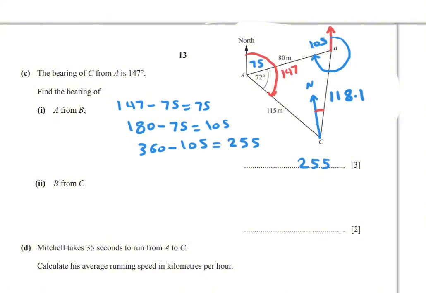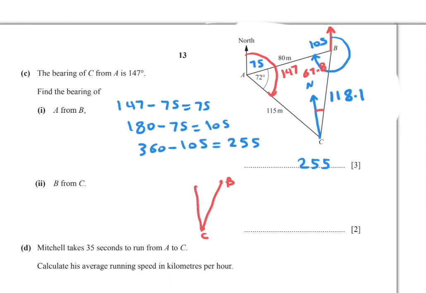We need to find this small angle. We found it before and it's 67.8. So this angle is 67.8 and this angle is 105. Now if we add them, we can find that one because they add up to 180.